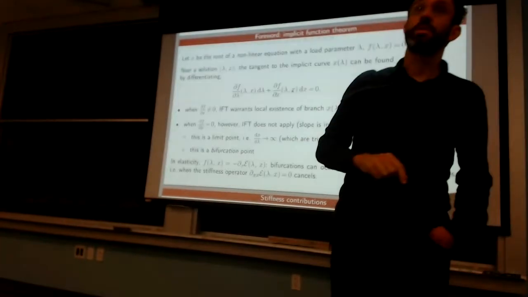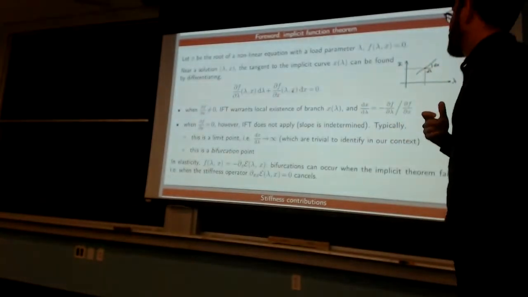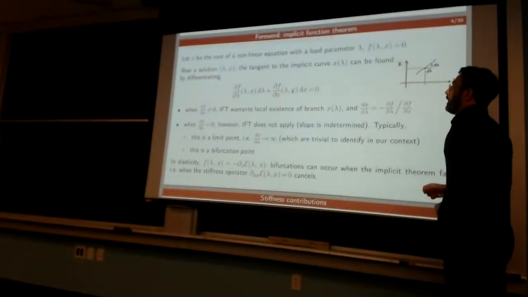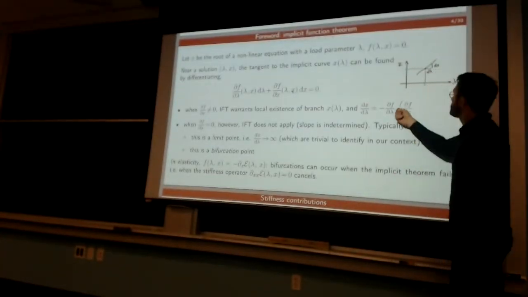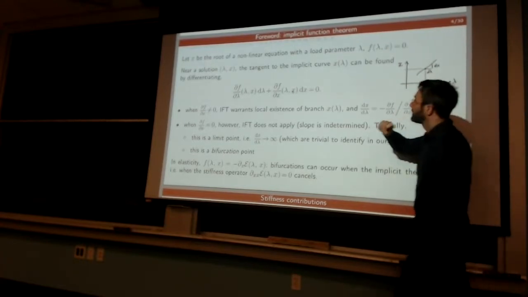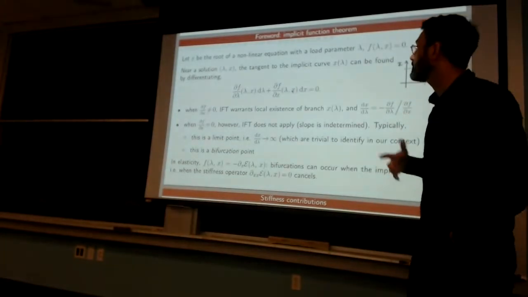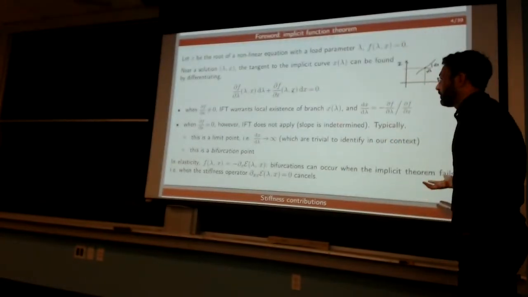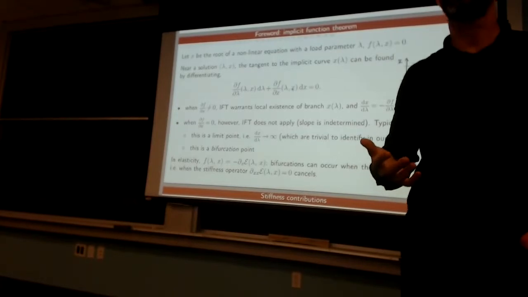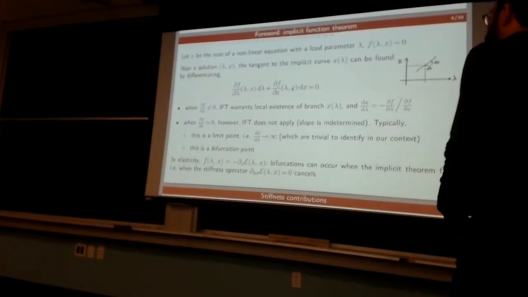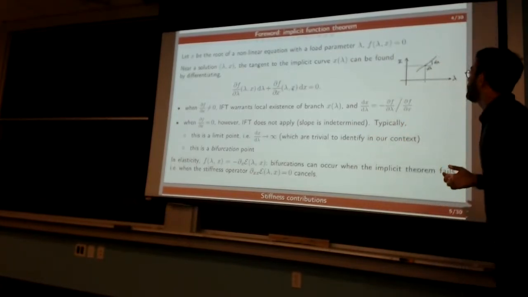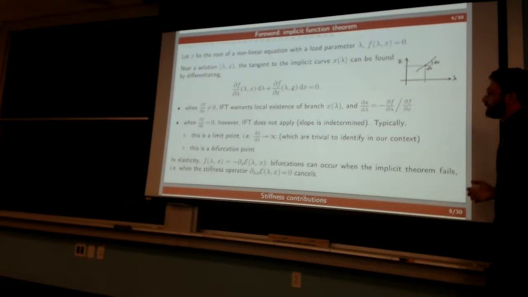Now there's an interesting case where that doesn't work, and typically that happens when you can't divide here. So when this coefficient cancels, that's a situation where you can't apply the theorem and you have to try to guess what's happening.